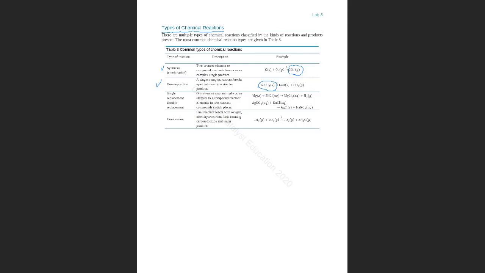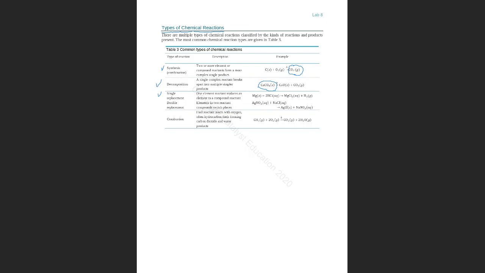Single replacement is the next one. This is the one that the students have the most trouble recognizing. This is a redox reaction, which means that the elements change the oxidation state. But because you are not studying redox reactions for now, you will have to find a way of recognizing when it is a single replacement reaction.